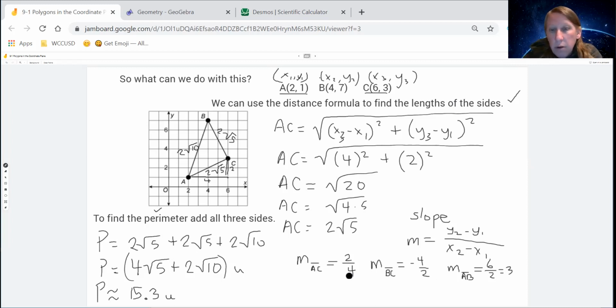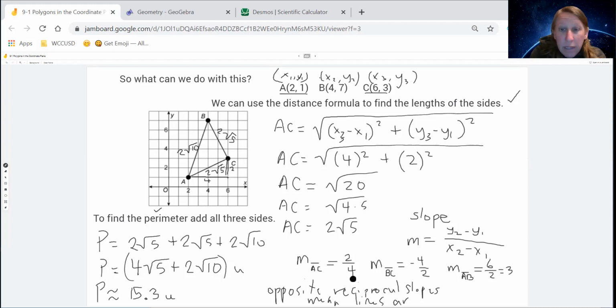Does anyone remember what's true about slopes that are opposite and reciprocal? Yep, they're parallel. Okay, opposite reciprocal slopes are parallel. We learned about that. Mean the lines are, oh, I said it wrong.